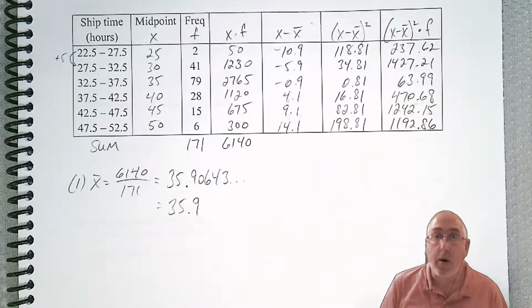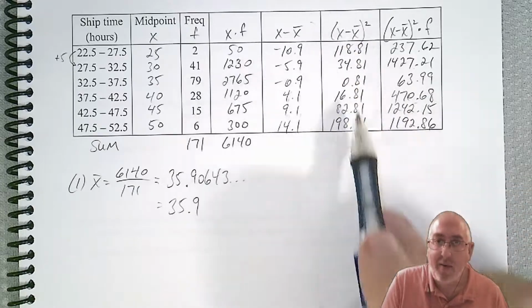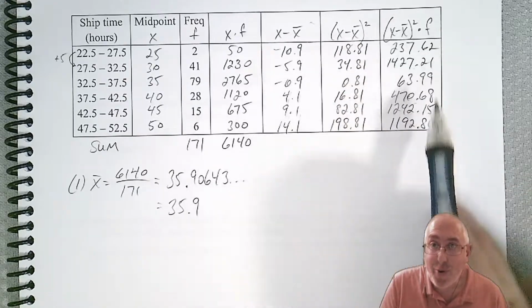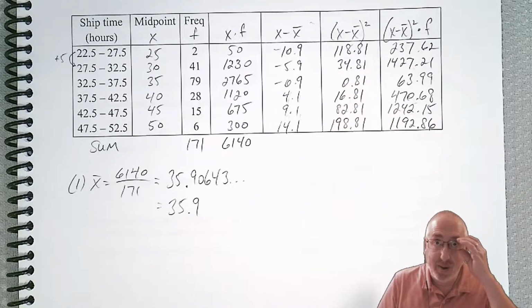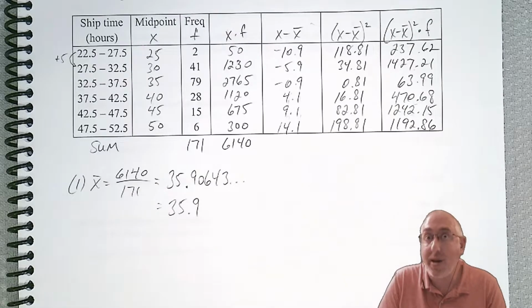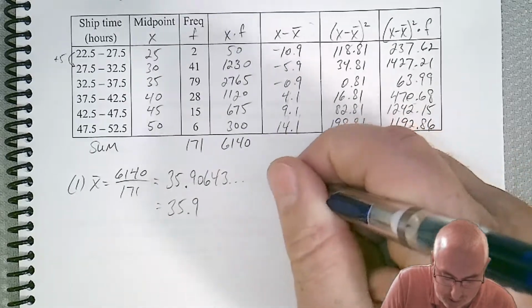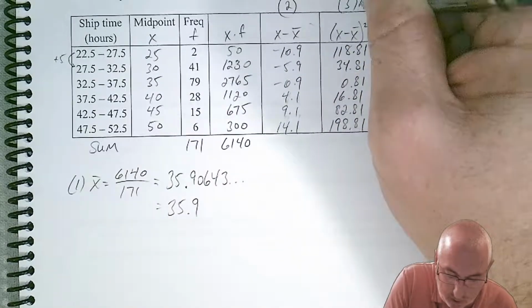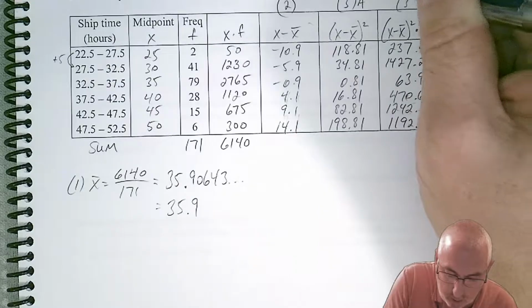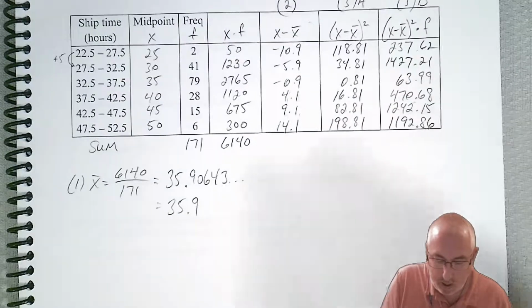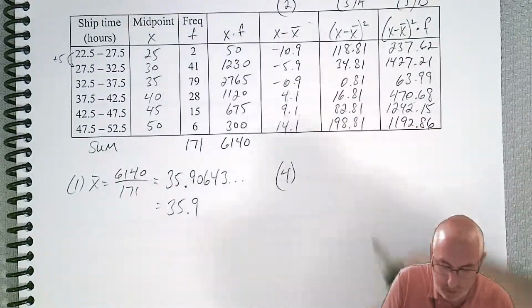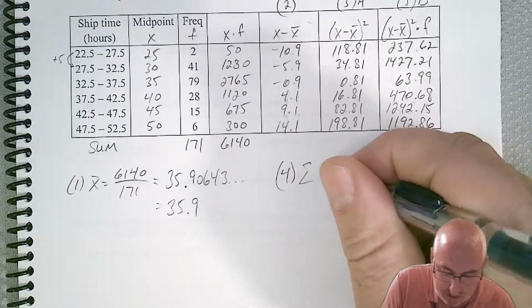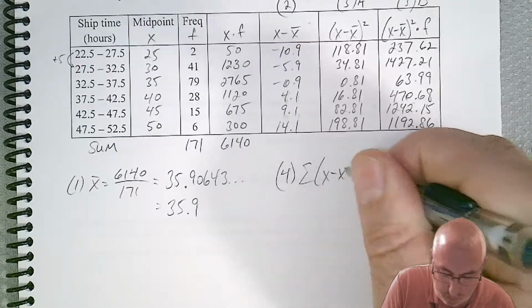All right, so again, we kind of have a 3A and 3B step when we have a frequency distribution. But now we can go to step 4. So again, this was step 2, 3A, and 3B. So step 4 is to add those all up.